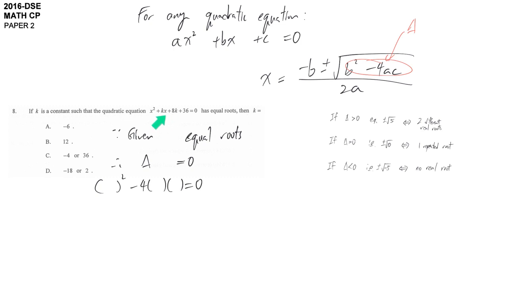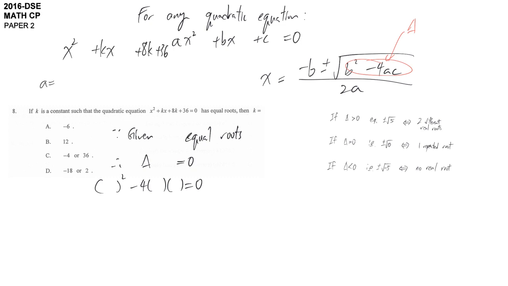A very important thing is you have to identify very clearly what is a, what is b, what is c. It depends on whether it is the coefficient of x or x squared. So we have x squared plus kx, without x and another group 36.